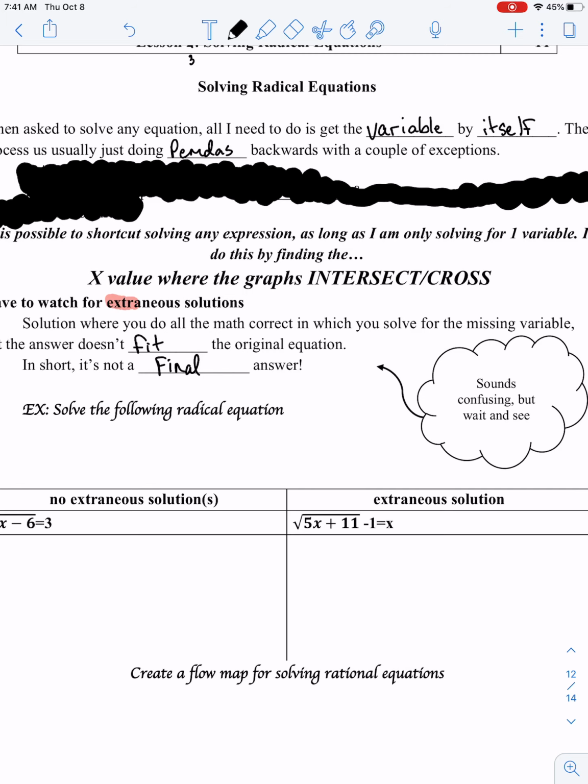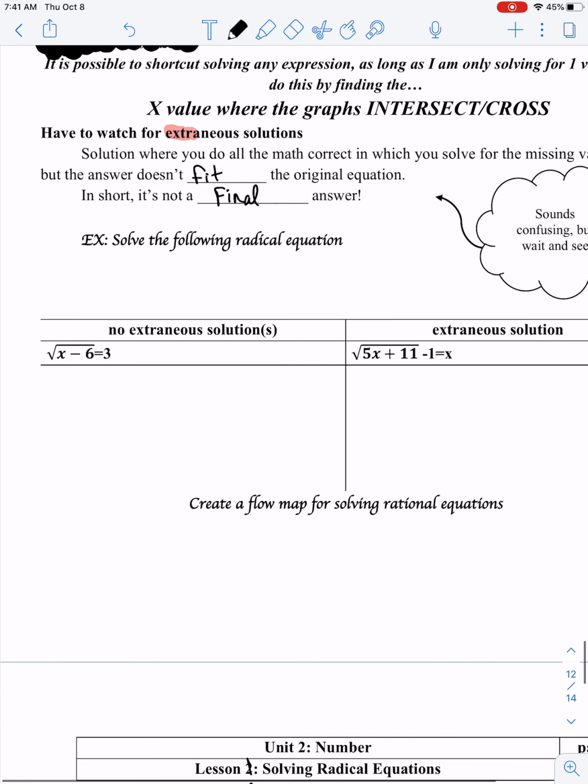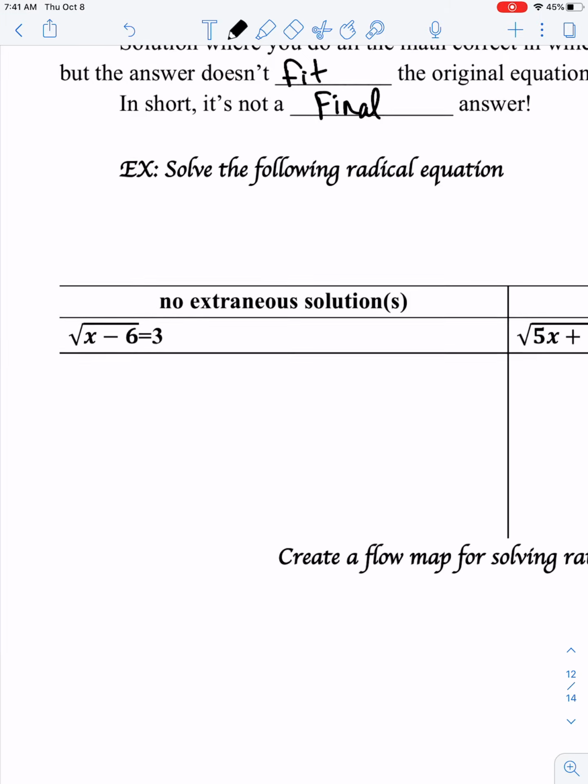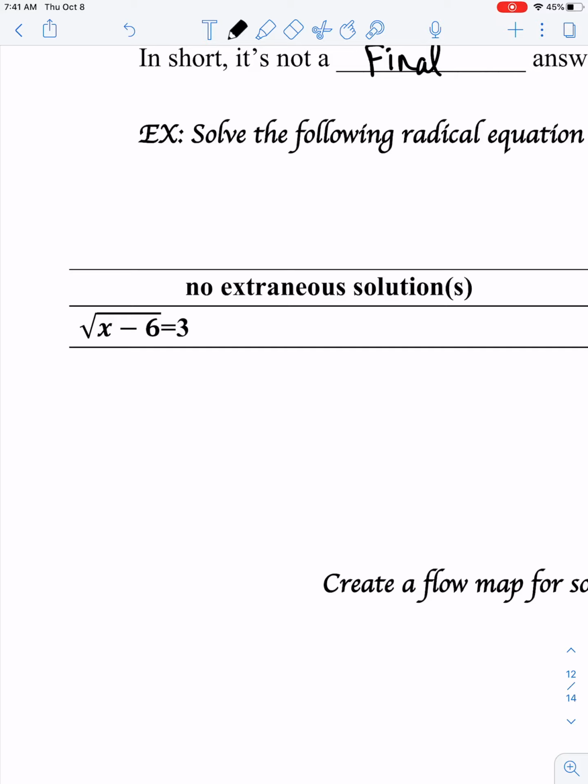I'm going to do examples in this video that do not have extraneous solutions, but just cover the basics of solving the equations. So here, I could rewrite this as x minus 6 raised to the 1/2 equals 3.